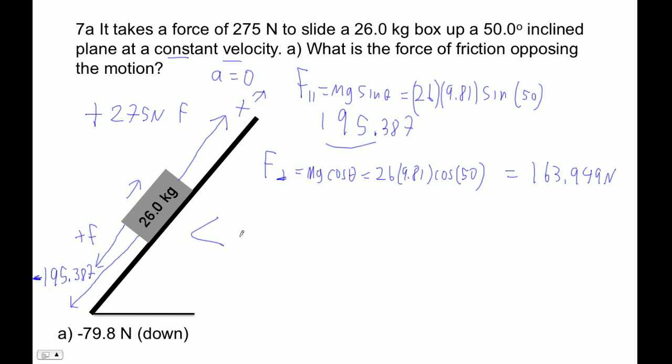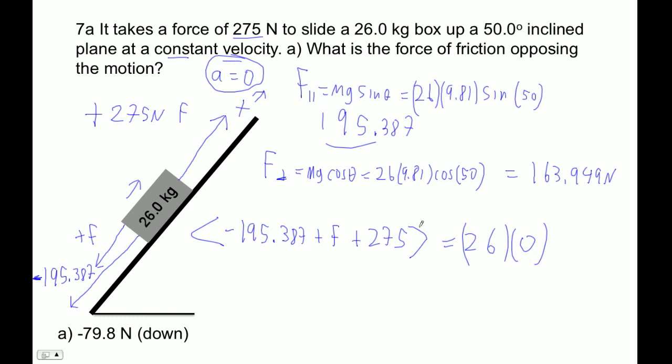So our forces are negative 195.387, plus F, the unknown force, which will end up being negative, plus 275. There's our 275 newtons. And that equals 26 times, well, it's a constant velocity, so our acceleration is actually 0. Really, it's almost like an equilibrium problem where all the forces have to add to 0.